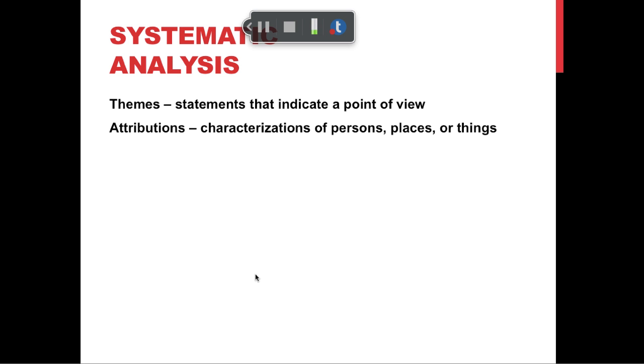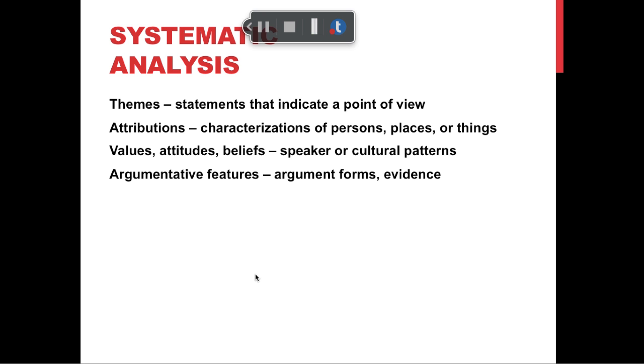How are we supposed to think of this person? Then values, beliefs, attitudes of the speaker, or cultural patterns, right? That is, a larger cultural pattern. A speaker might have certain values, attitudes, and beliefs, but there might be values, attitudes, or beliefs of the larger cultural system which are stated or indicated.